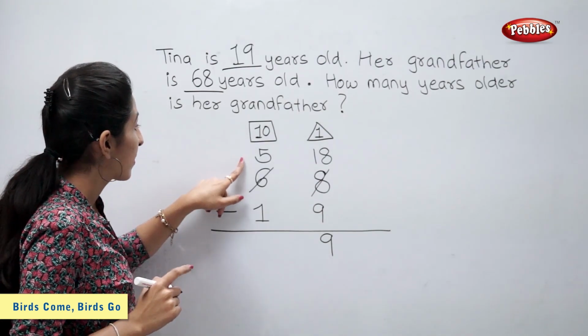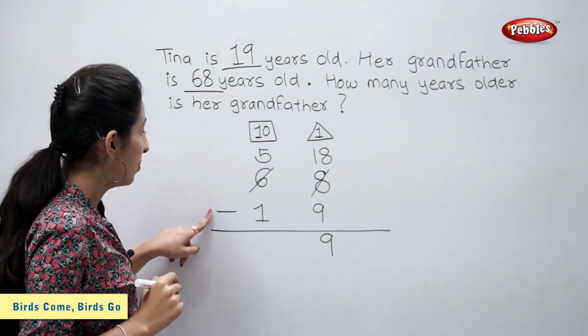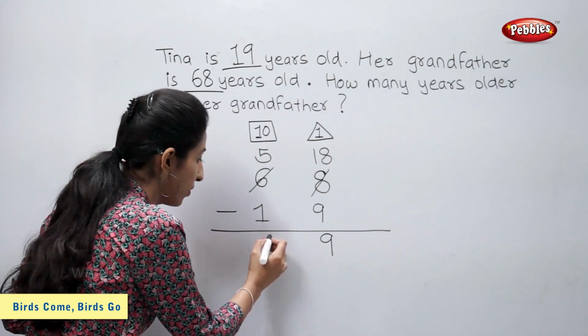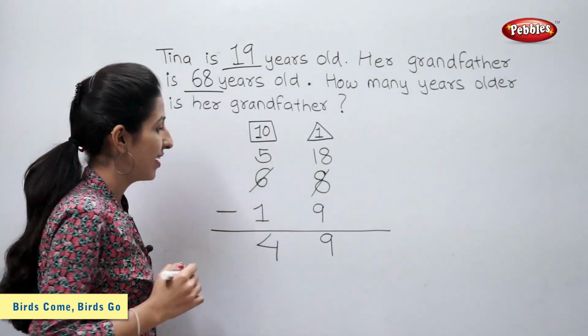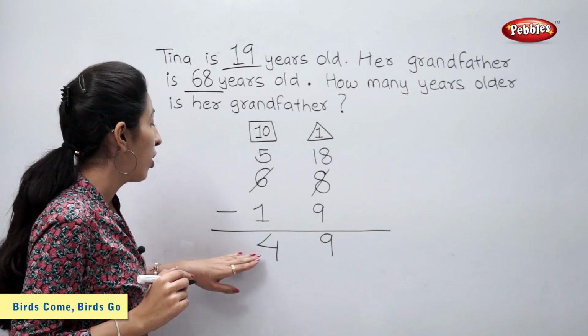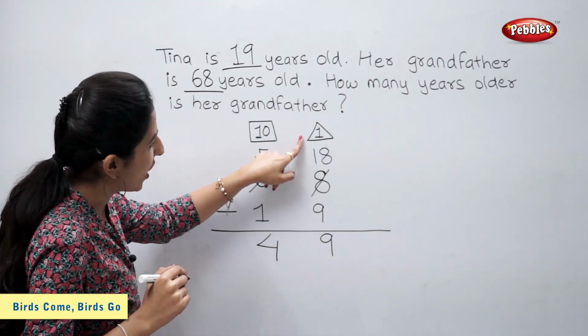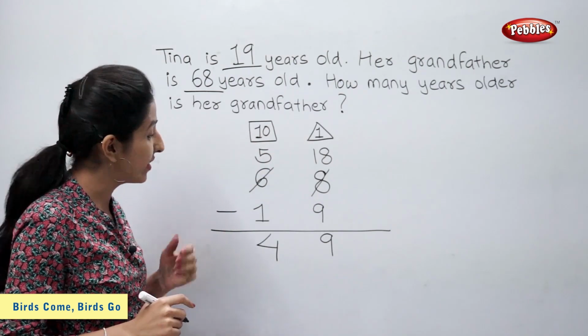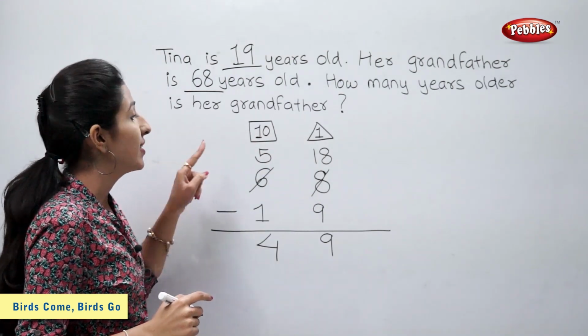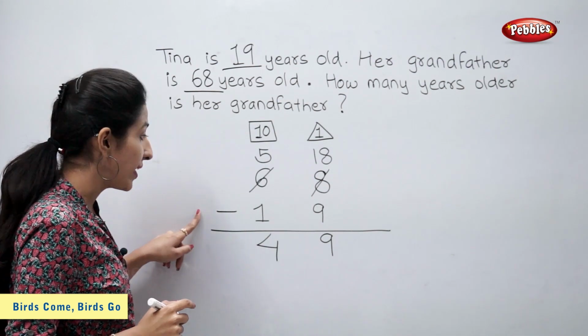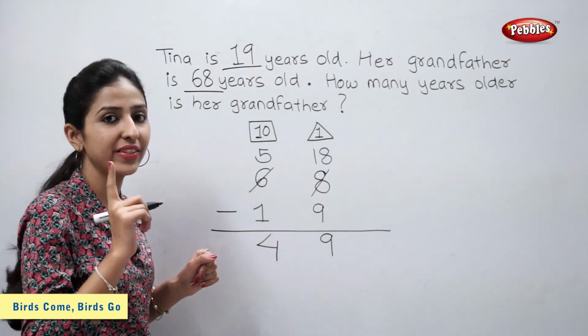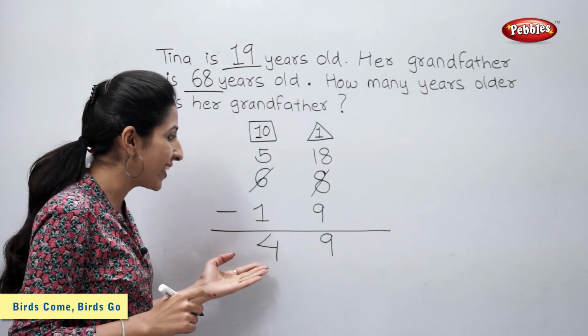Tens. 5 minus 1 is equal to 4. Now we have 4 tens, 9 ones. So the number is 49. 68 minus 19 is equal to 49.